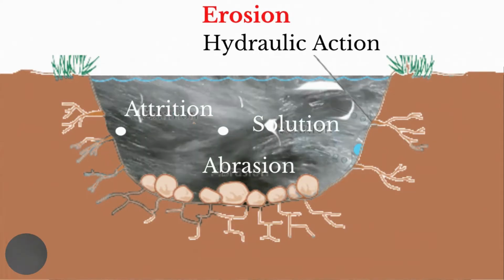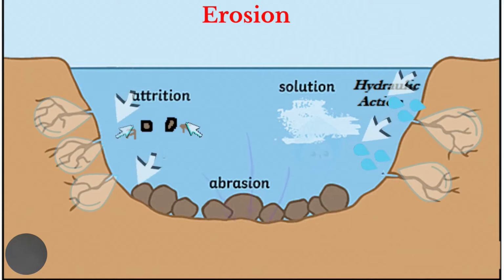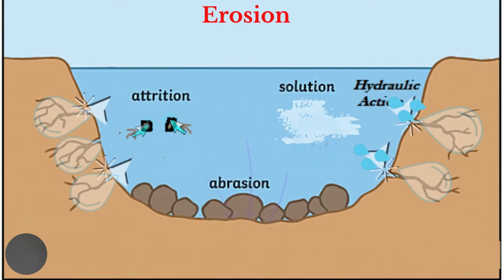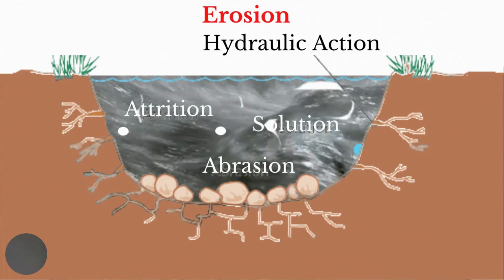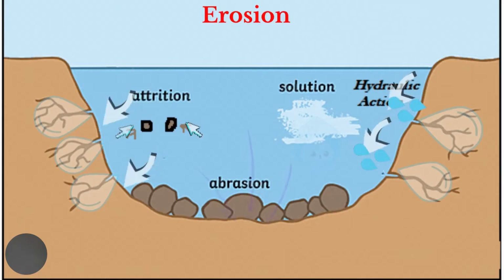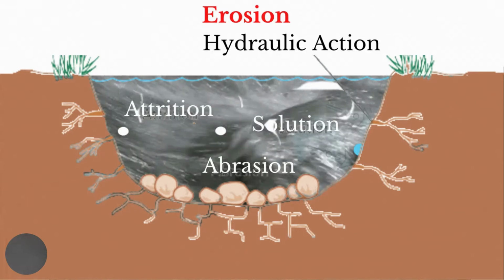Corrosion is another name for solution. So corrosion or solution is a chemical process, and it is where there is a chemical reaction between the water and the minerals in the rocks. And this causes the rocks to be worn down chemically.